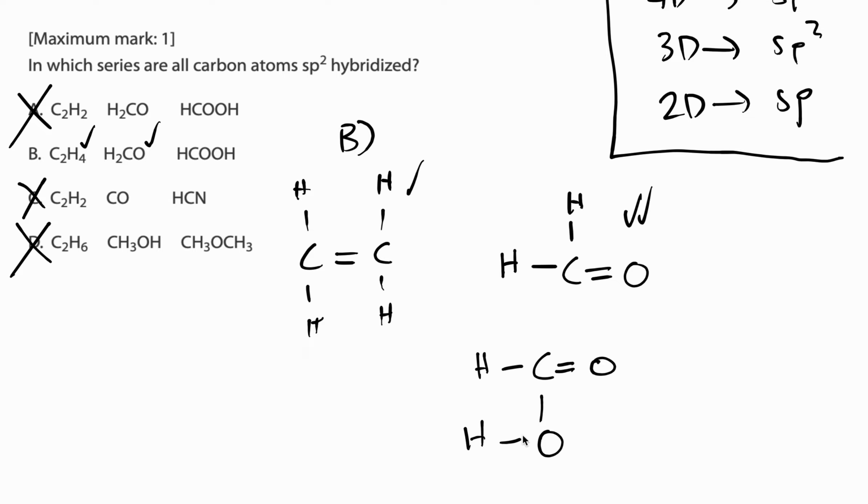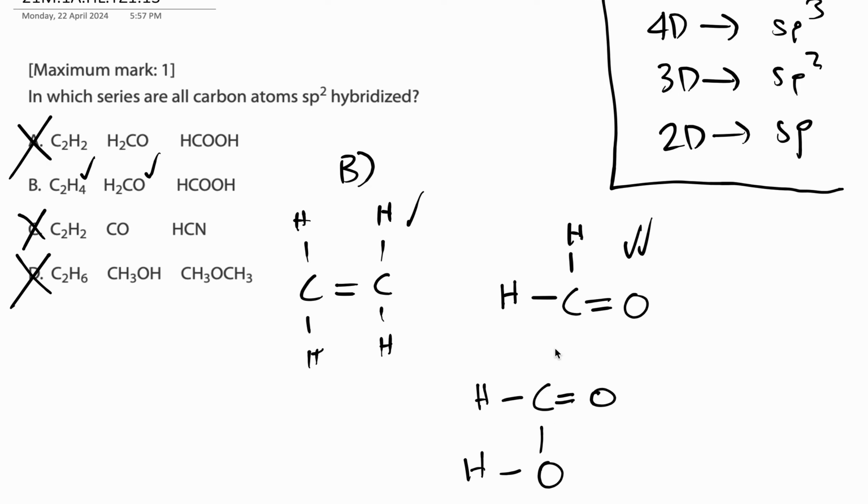This is not exactly the right way to draw this, but it does satisfy. And we see here carbon has 3 electron domains around it, so we know that again it is sp2 hybridization. HCOOH works as well, so B must be the answer.